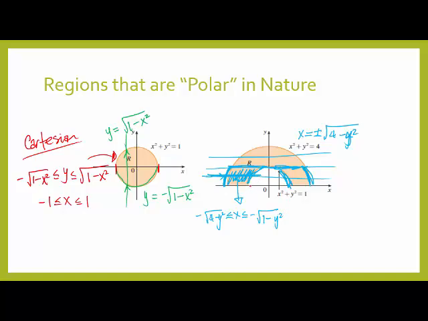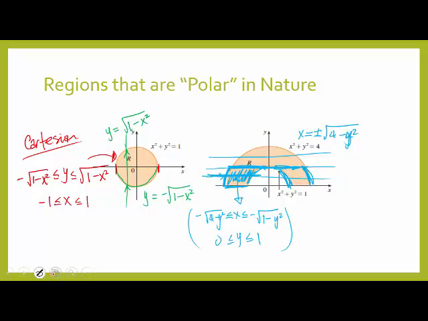That's the inner circle over here. And then the y limits would go from 0 to whatever this is. I think this is 1 because it has a radius of 1. So I have this for this region.